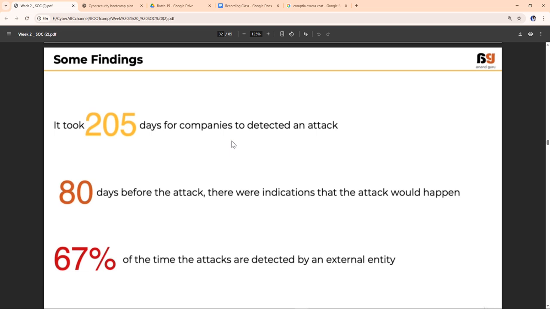Now, this was the state of companies before. It took 205 days for companies to detect an attack. 205 days. Then, 80 days before the attack even happened, there were indications that the attack would happen.